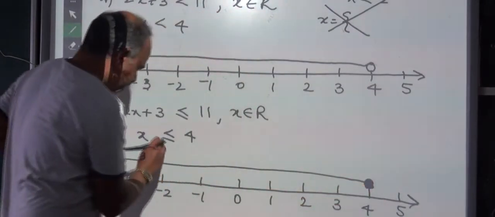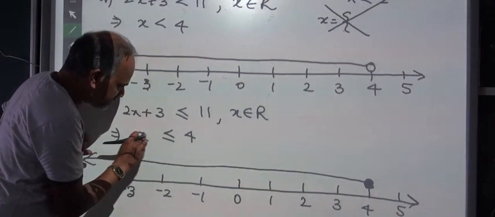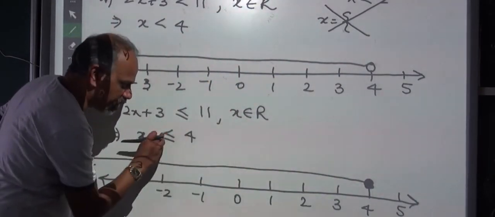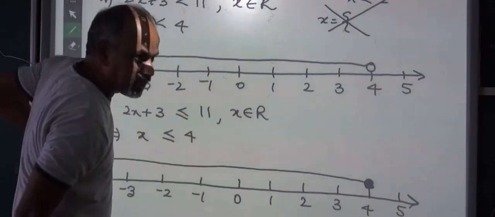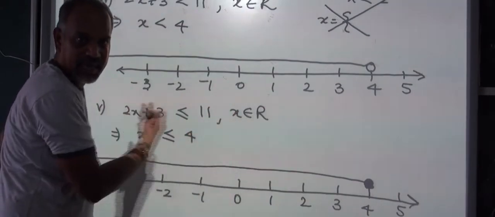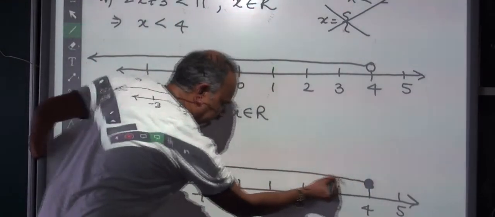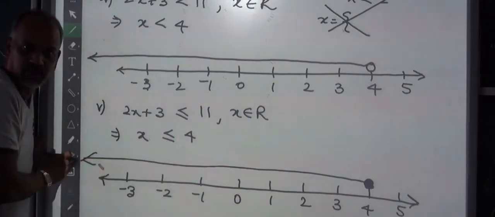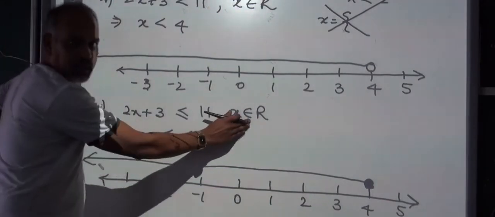And if you read further, it says x is equal to 4, shaded dot. x is less than 4. Less than 4 means it is on the left side. All values are on your left. So I put a line going up to infinity. Less than 4, all the numbers which belong to real numbers.